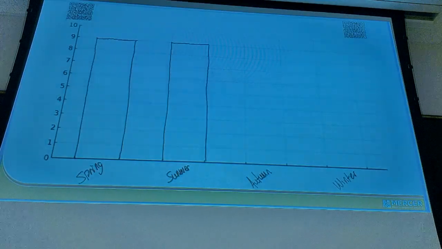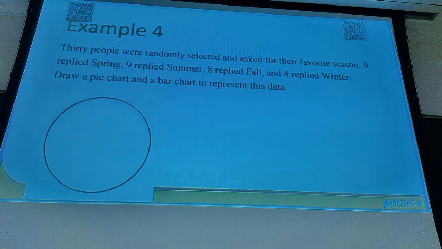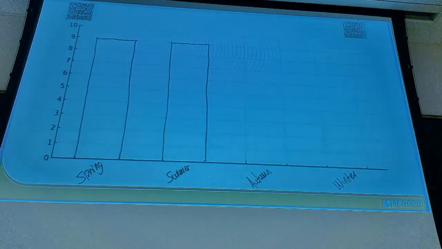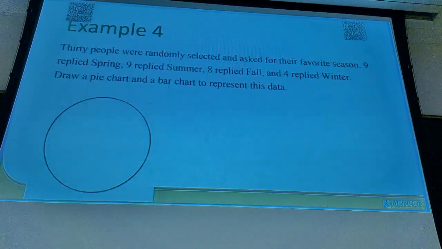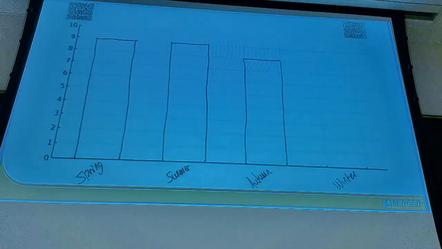There's my bar for summer. 8 for autumn. And winter gets no love. Even though it is objectively the best season. It's not an opinion, it's just a fact.